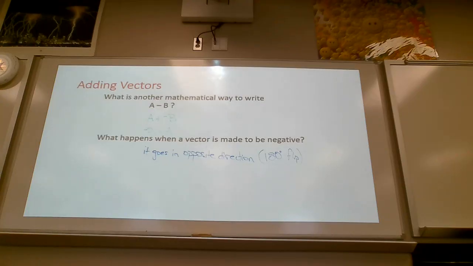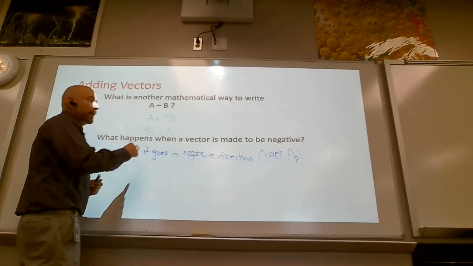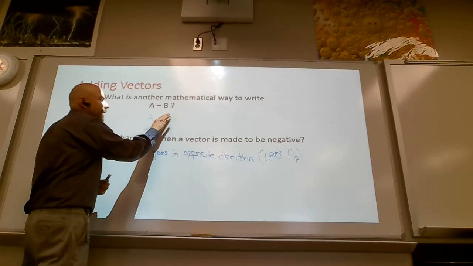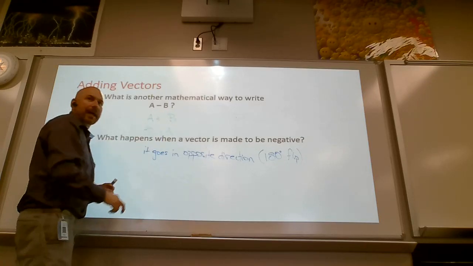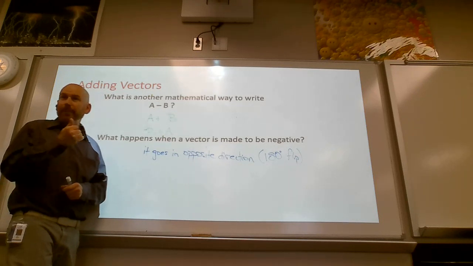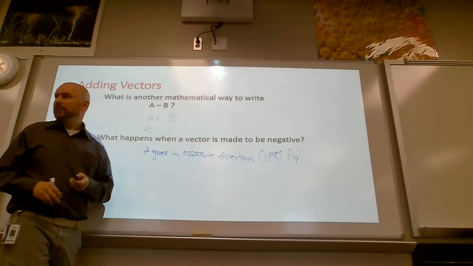So which one are we going to flip, A or B? B. We made that negative, but once we flip it, that takes care of the negative, and then you're just adding it. You just find the resultant. So flip it, then add. Does that make sense?